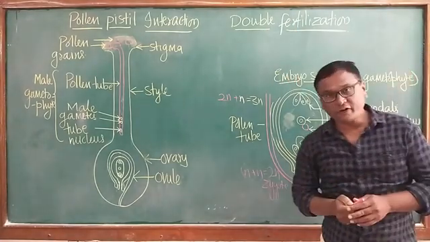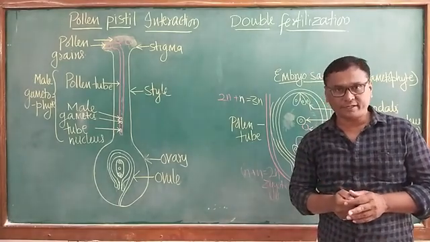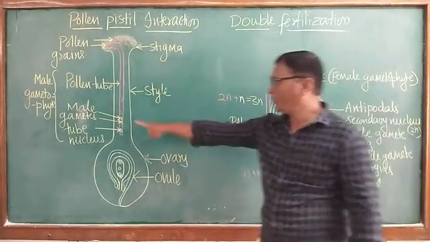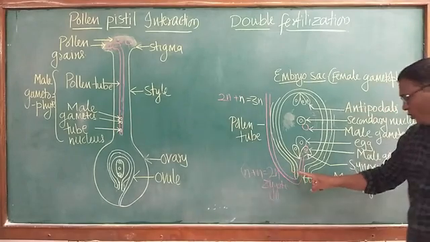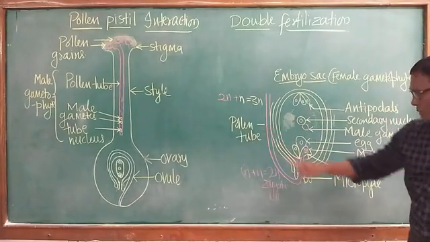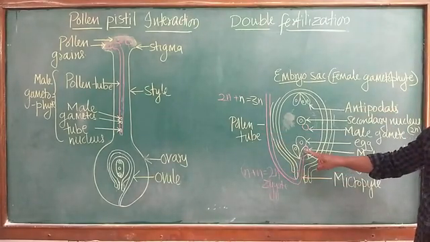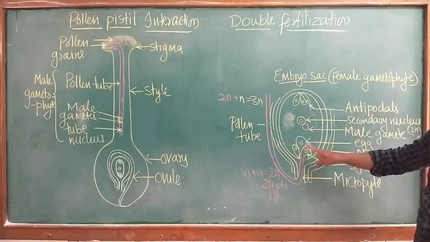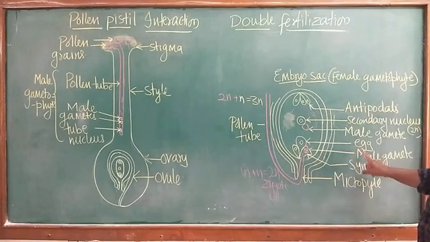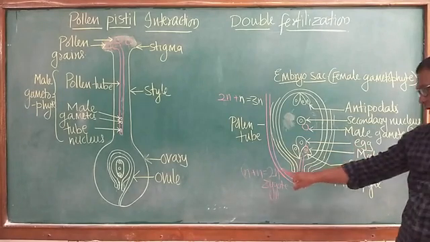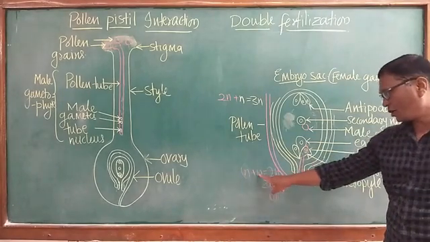What does this double fertilization mean? How does it take place? Of the two male gametes in the pollen tube, one male gamete unites with the haploid egg to form a diploid zygote.